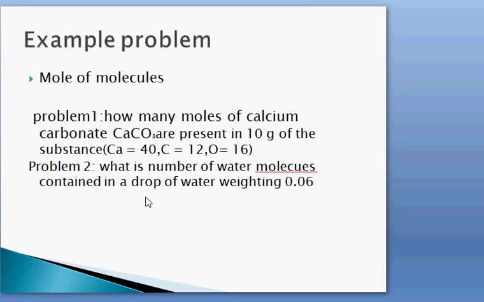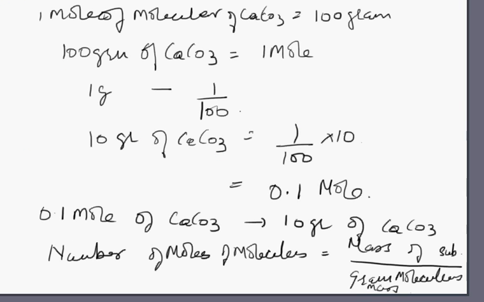Now let's check out the second problem: what is the number of water molecules contained in a drop of water weighing 0.06 grams? First, we should check what is given in the problem, and then look for the equations which we can use and take out the results. This is the way we have done the last problem.